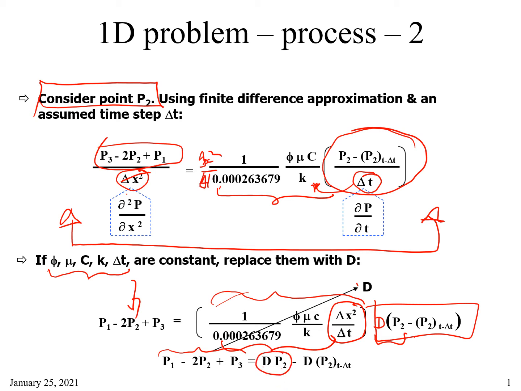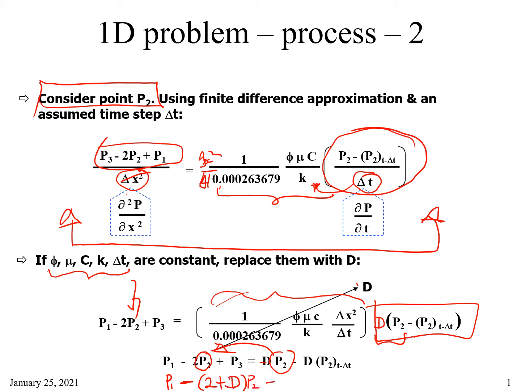The P2, there are common terms here. P2 is here, P2 is here. So take this to the left-hand side and it becomes what? P1 minus, this is going to come with a minus, right? So minus 2 plus D, right?